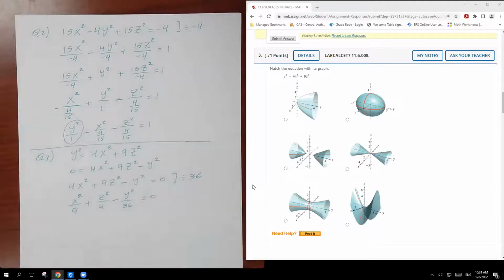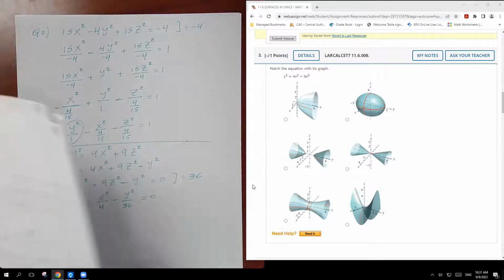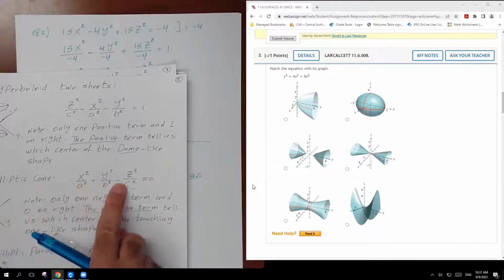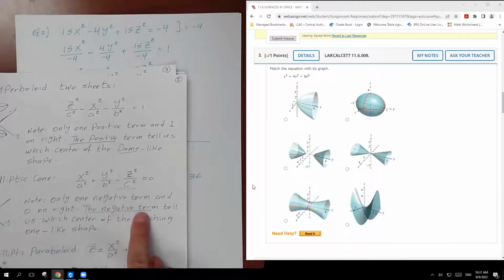We have only one surface with equals 0, which is the elliptic cone.